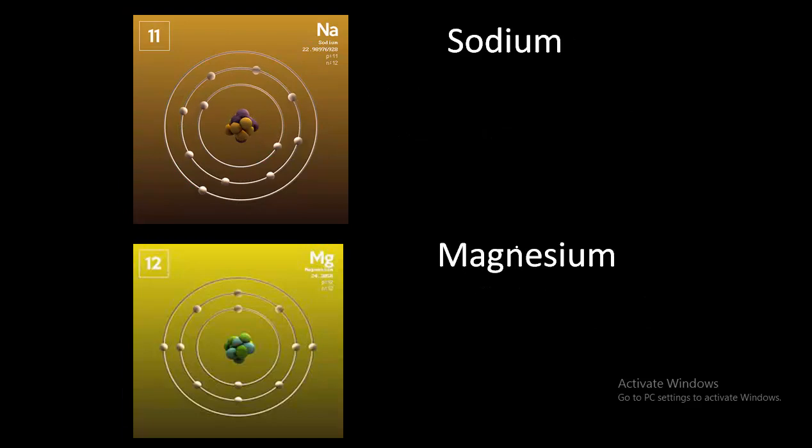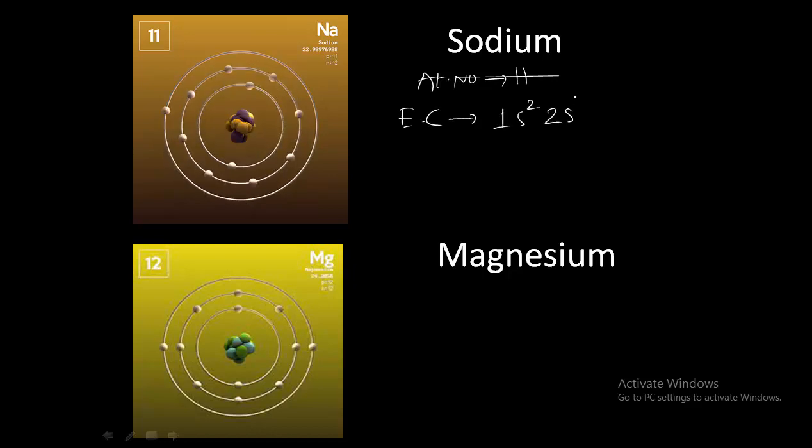Then next, atomic number 11, that is sodium. Its atomic number is 11, and thus its electronic configuration will be 1s2, 2s2, 2p. Now there are 7 electrons remaining; only 4 electrons are filled so far.